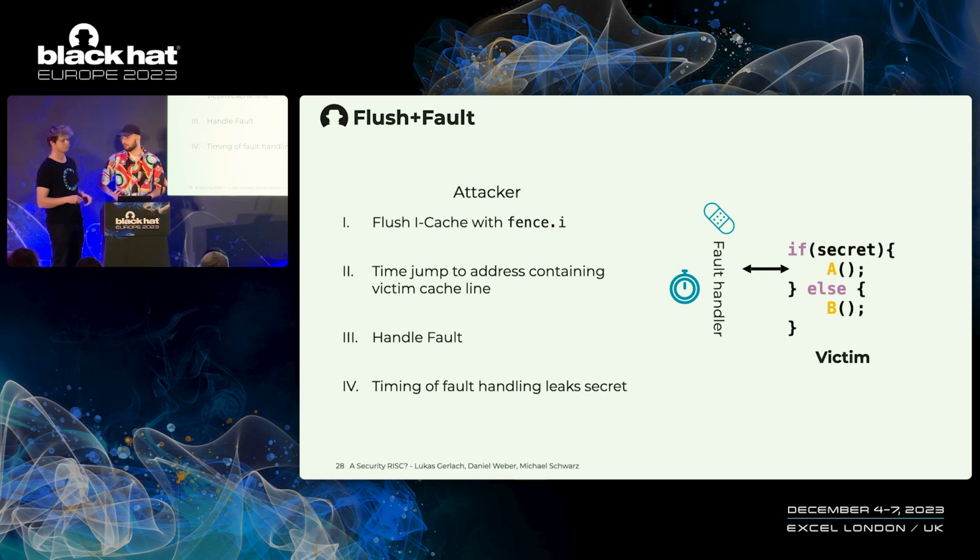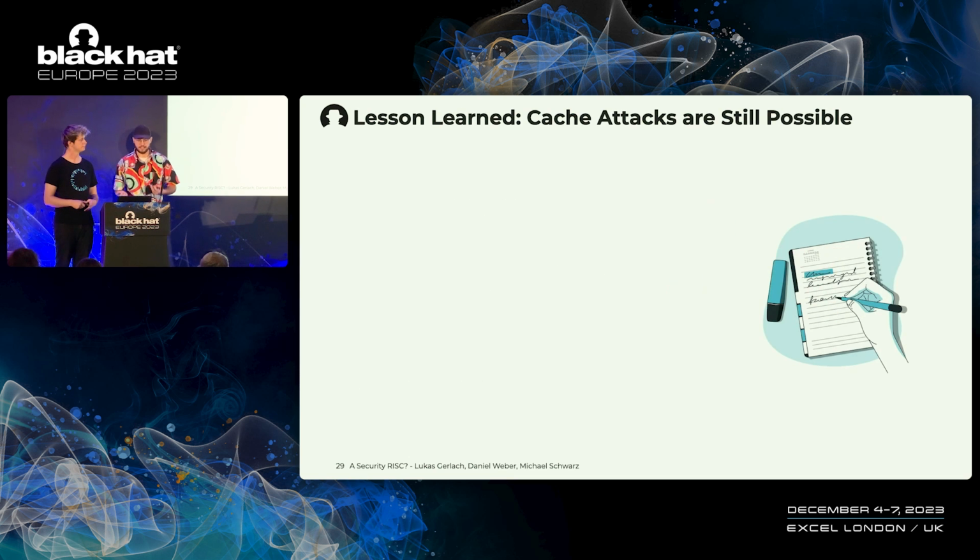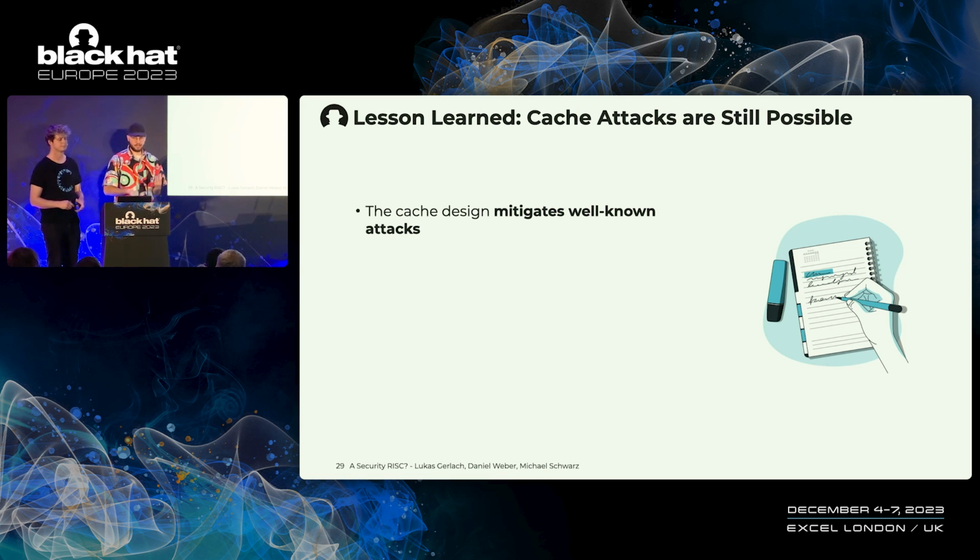Well, that's cool. It sounded like this split cache would protect us here, but in the end, we see that with a little bit of creativity, an attacker can still bypass something like this, and this is in no way a security mitigation, because it only prevents well-known cache attacks that rely on this load being shared in the cache, and does not prevent an attacker that tries to perform a more sophisticated attack.